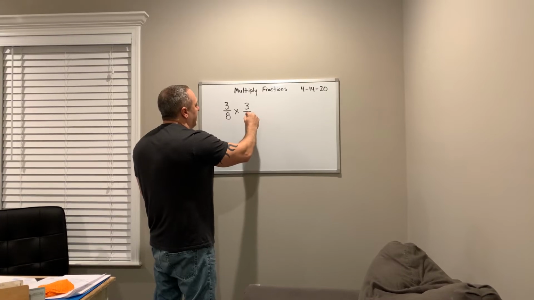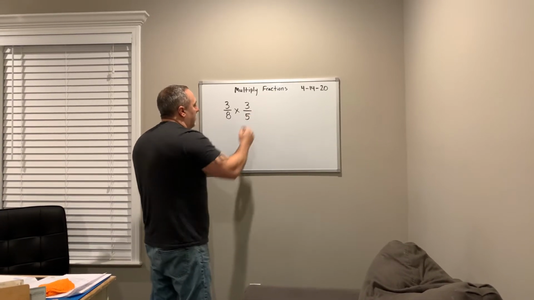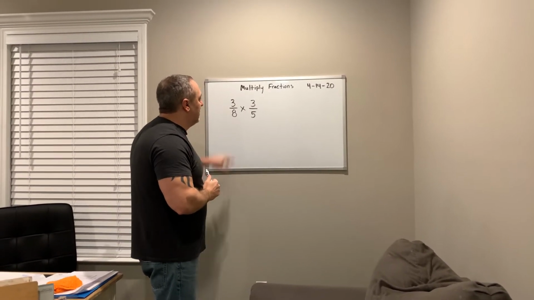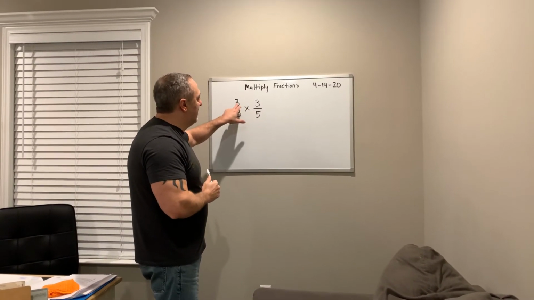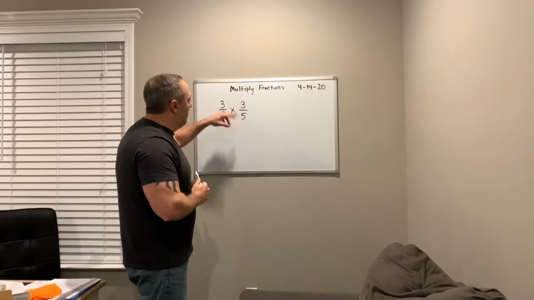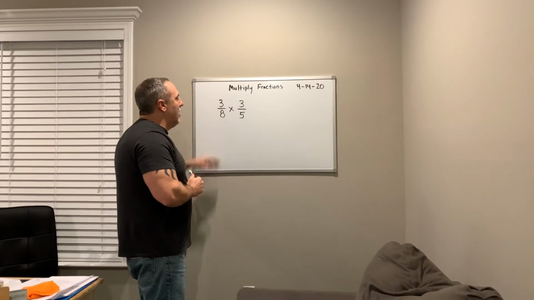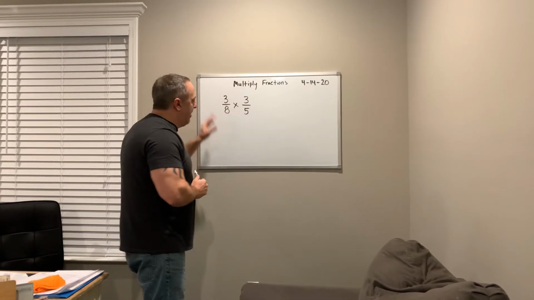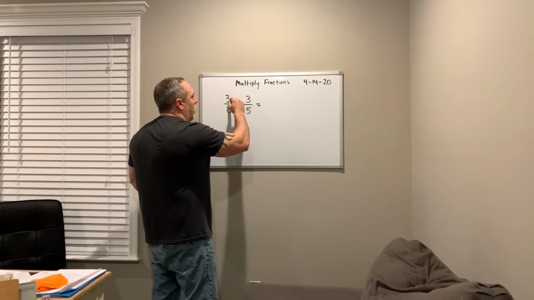Nah, let's go with 3/5. I want it to be a fraction versus a fraction. I was trying to see if I can make one to crisscross reduce. In this case, there's nothing to reduce. 3 and 5 are not compatible, and 3 and 8 are not compatible. So you leave it be, and you just multiply across.